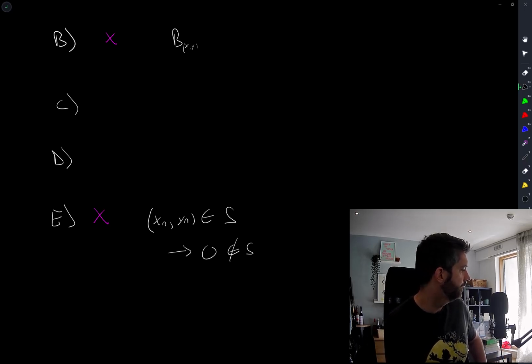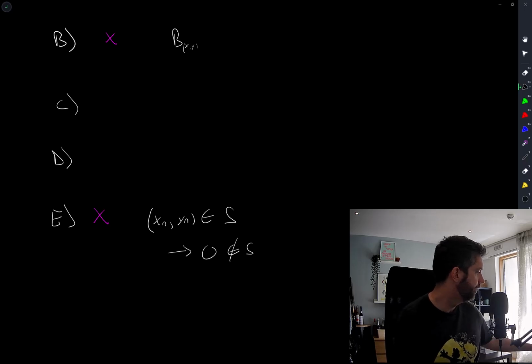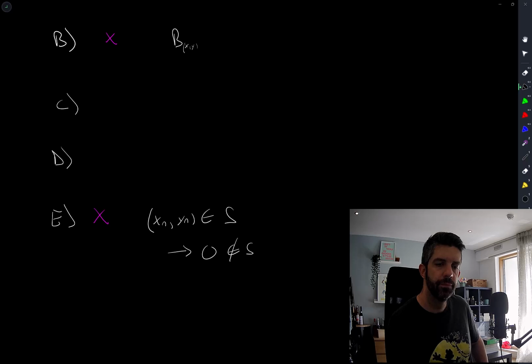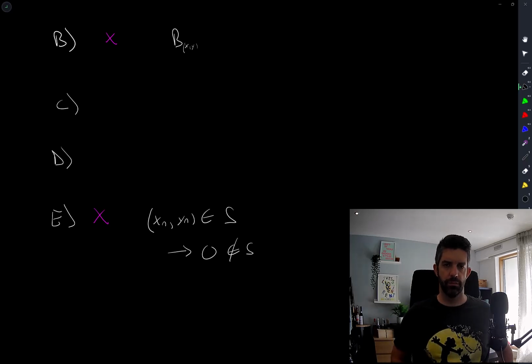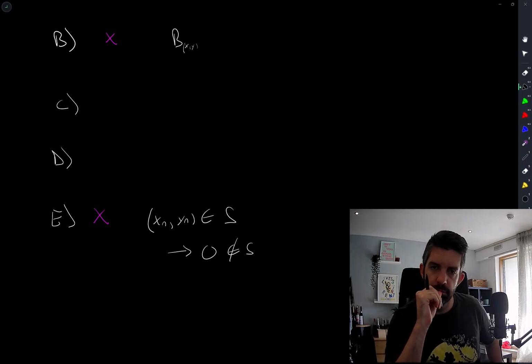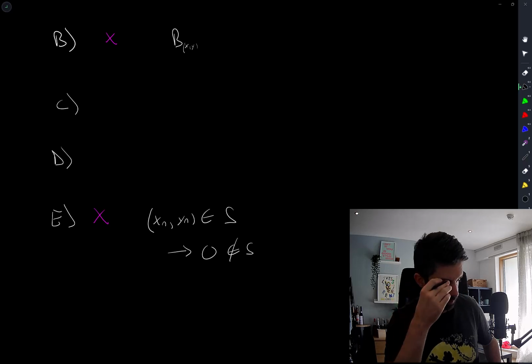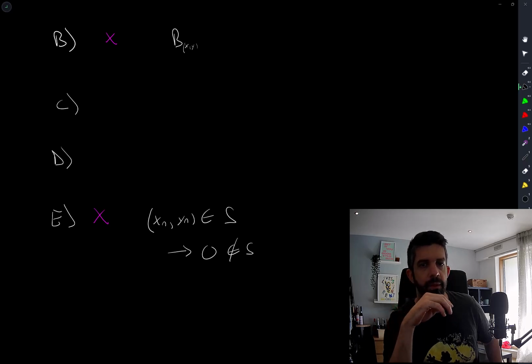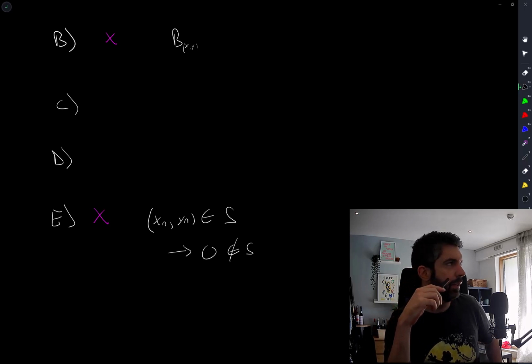Connected is if you write it as the disjoint union of two sets, they cannot both be open. Well, hold on, that's not exactly right, is it? To talk about connected, you have to inherit a topology.